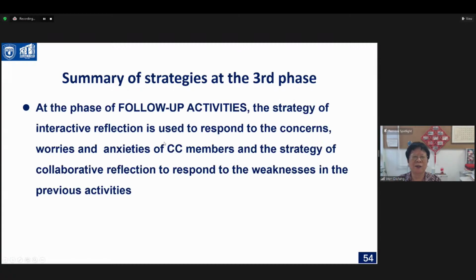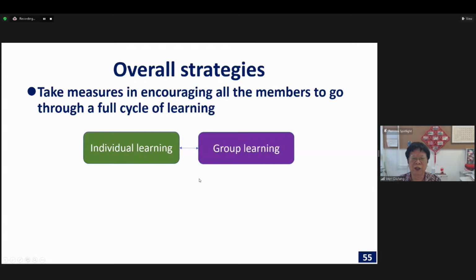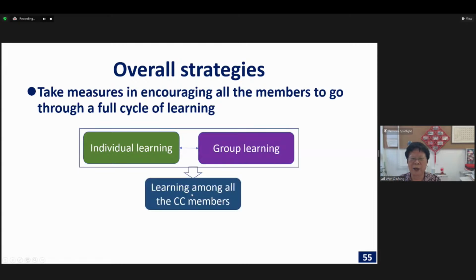At the third phase, the strategy of interactive reflection is used to respond to the concerns, worries, and anxieties of CC members, and the strategy of collaborative reflection to respond to the weaknesses in the previous activities. Overall, I try to summarize that we take measures to encourage all the members to go through a full cycle of learning: individual learning, group learning, and then learning among all the CC members.